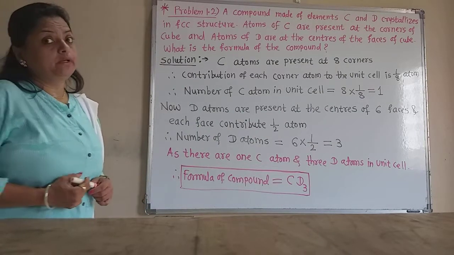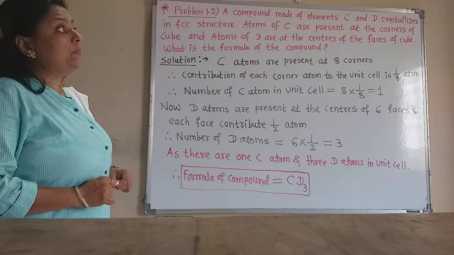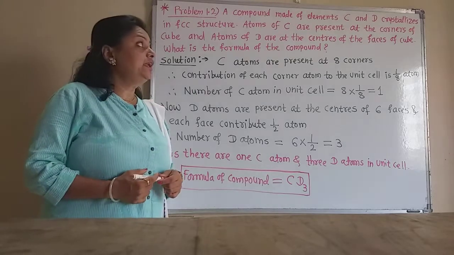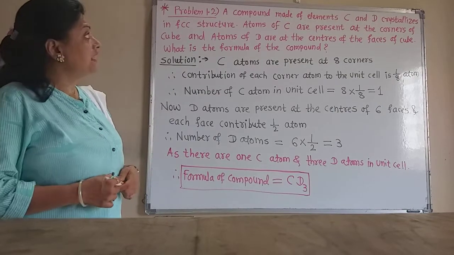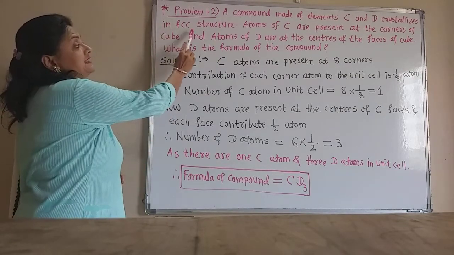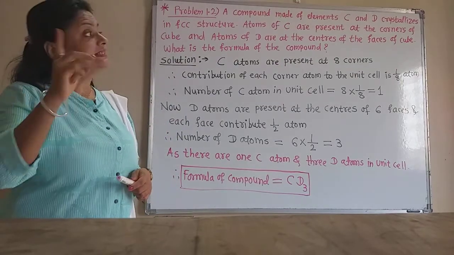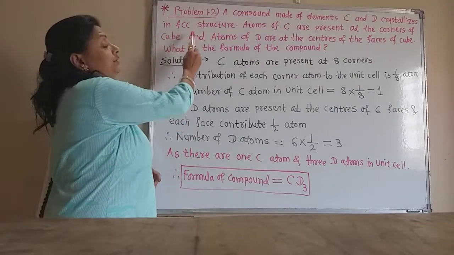Now, this is problem number 1.2. A compound made of elements C and D crystallizes in an FCC structure. That means the compound has two different elements C and D, and the unit cell has the face-centered cubic structure.